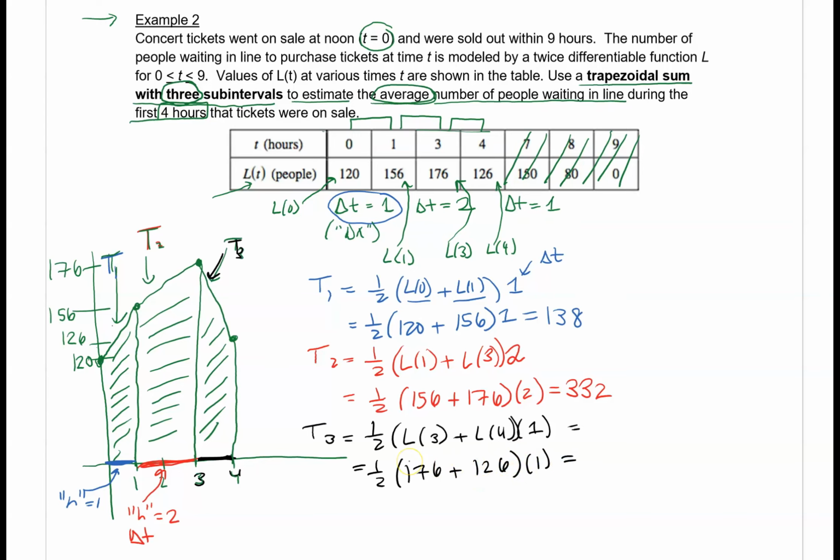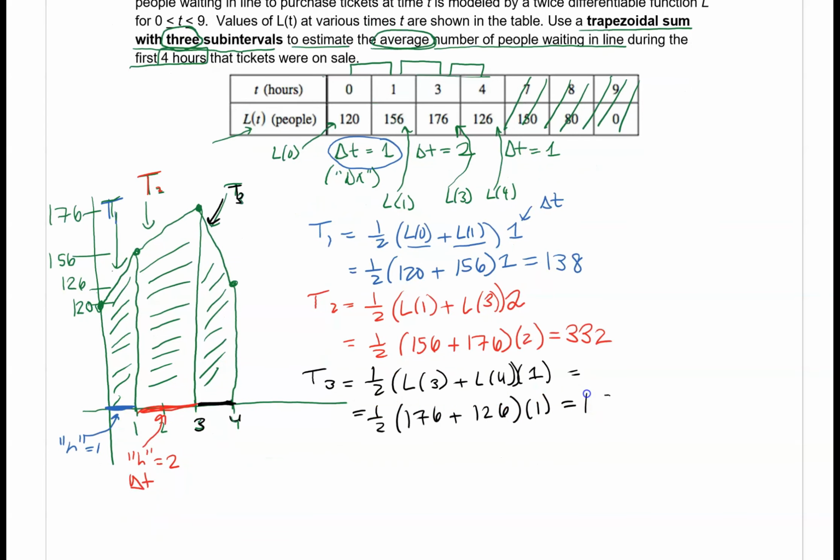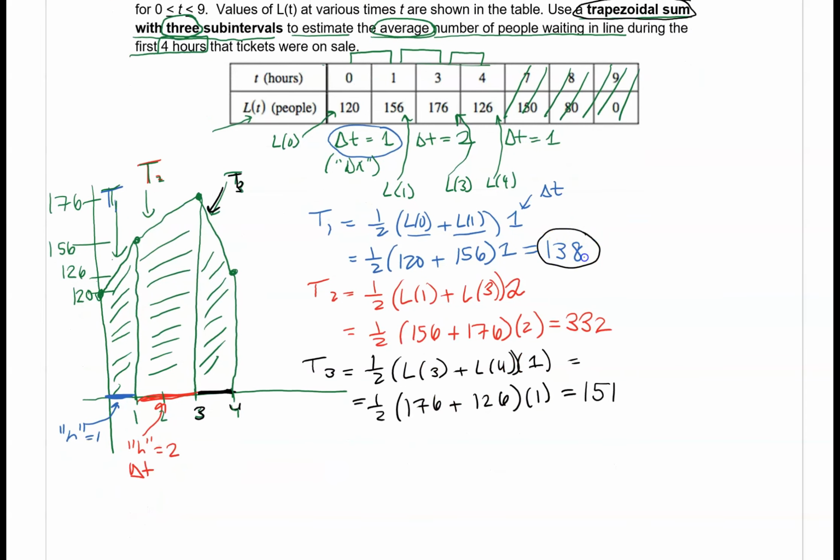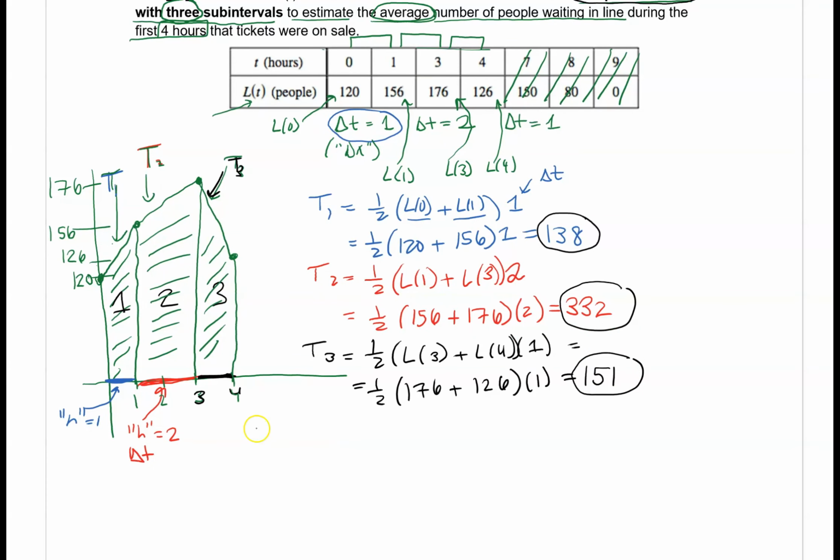Add that up and divide by 2, and you get 151. So to find the trapezoidal sum that this problem is asking us to find, I basically just have to take these areas of my 3 different trapezoids, 1, 2, and 3, and add them up. So for this one, my trapezoidal sum is 138 plus 332 plus 151, which is equal to 621.